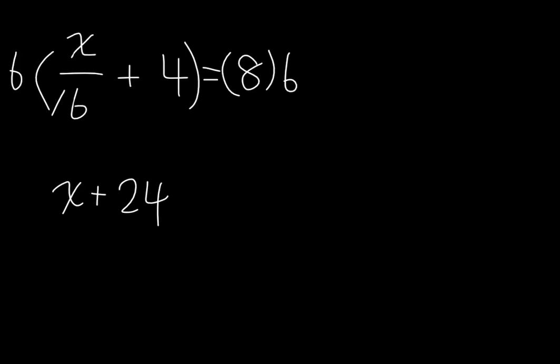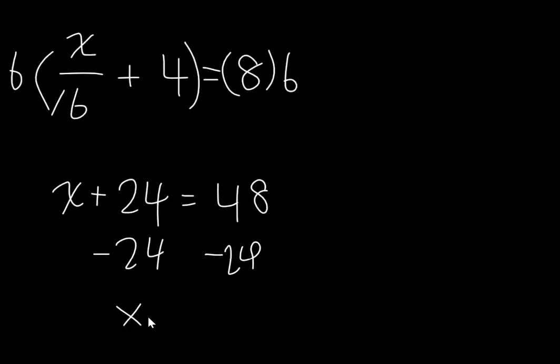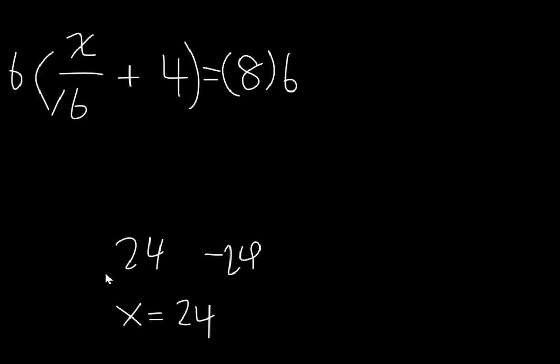You have to realize that 6 is being multiplied by everything on this side. So your answer is x plus 6 times 4, 24. 8 times 6, 48. Subtract 24. You get x is equal to 24. I definitely recommend taking out plus or minus first before multiplying and dividing, just so your equation is much simpler.